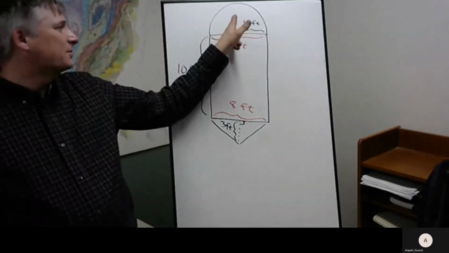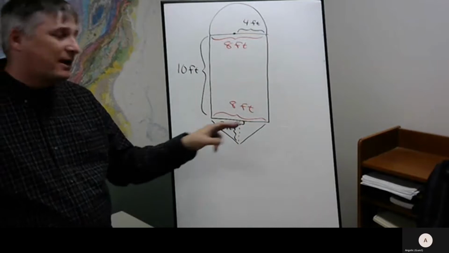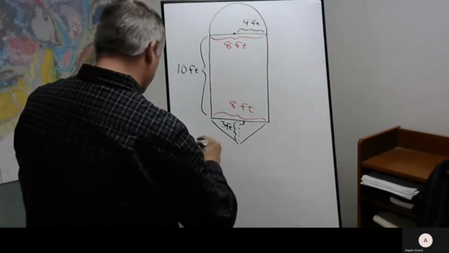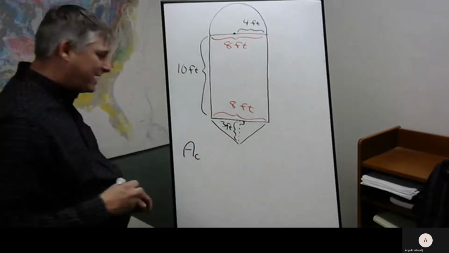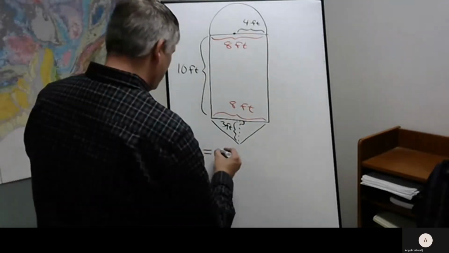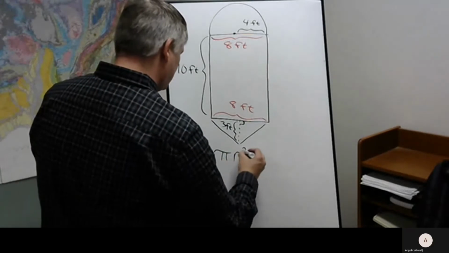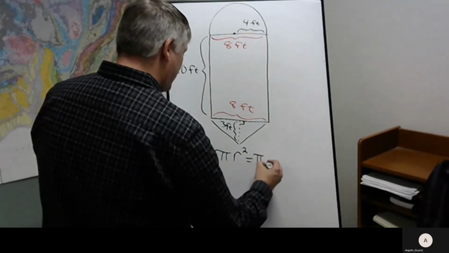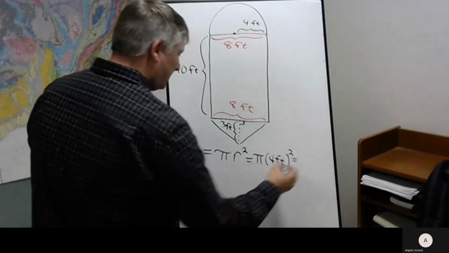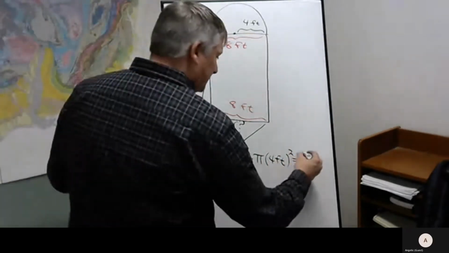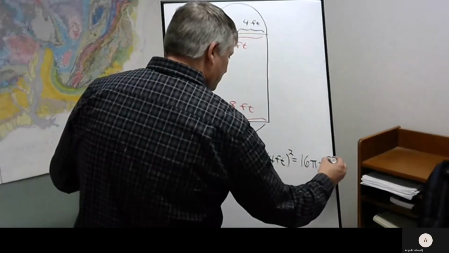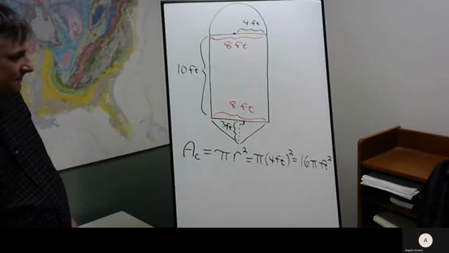So we can find the area of the circle, the area of the rectangle, and the area of the triangle. So for the area of the circle, I'm going to put a little C attached to this A that represents circle. Pi r squared, or pi times 4 feet squared. And we've seen this calculation before, it's 16 pi feet squared.